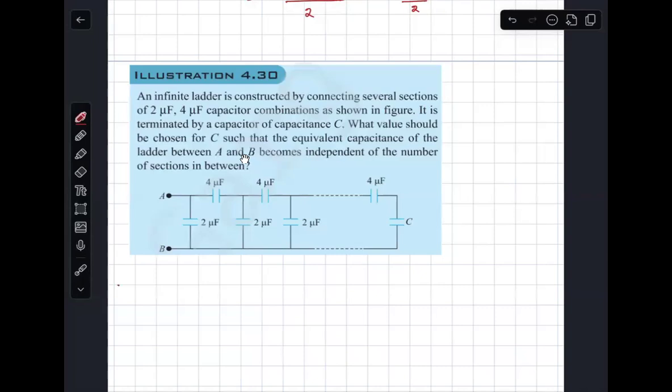The meaning is, if we remove all the capacitors, I repeat, if we remove all the capacitors other than the terminal capacitor C, I'm repeating again, listen carefully.